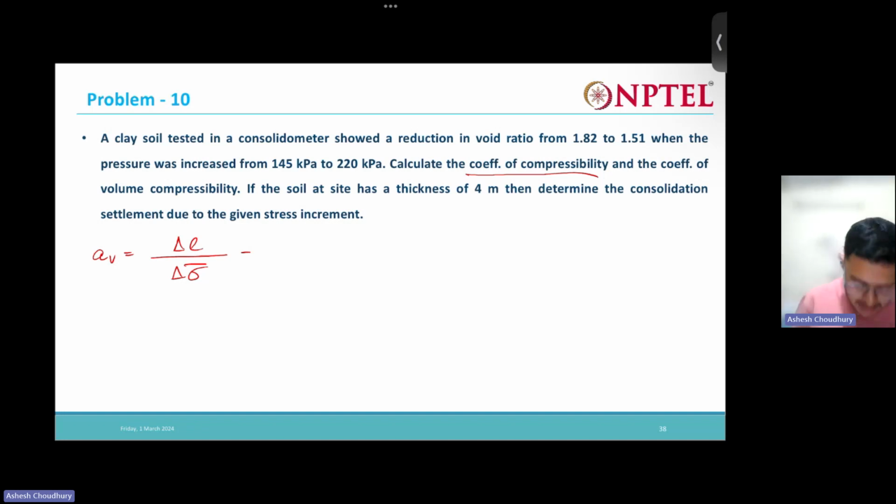What is delta e? 1.82 minus... 220 minus... Please calculate. Let us see how much it is coming.